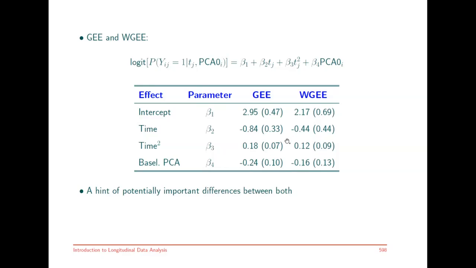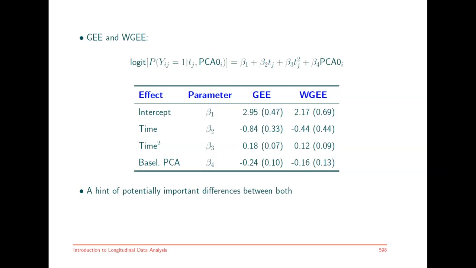And that may go in one direction, and in another example, it might go in another direction. Perhaps even for different parameters, it goes up, and for other parameters, it goes down. But what is almost always the case is with weighted GEE, the standard error goes up. So if the point estimate goes down and the standard error goes up, you know what might happen, and what's happening here in all effects, significance becomes non-significance.